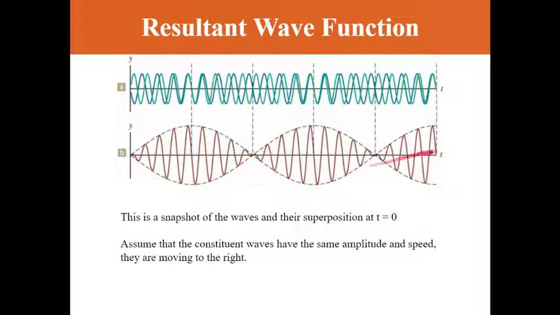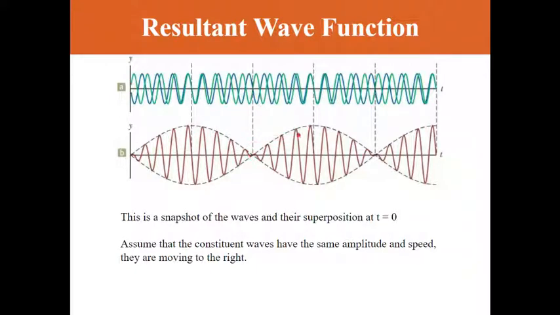So this is the resulting wave that they create, and the wave here is a normal wave, just that its amplitude varies over the course of one envelope.